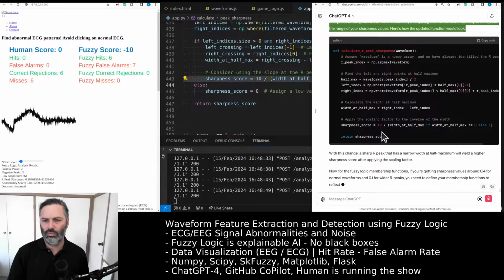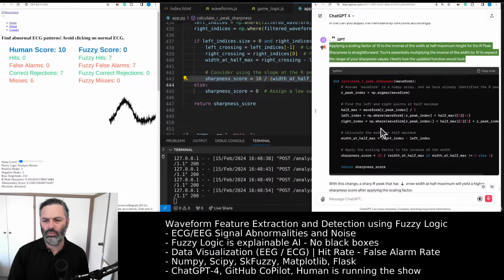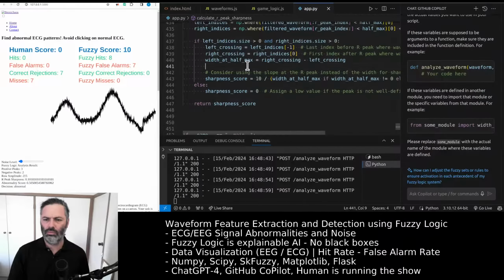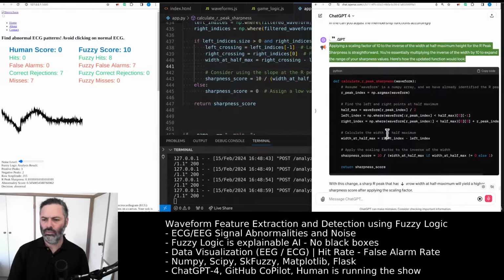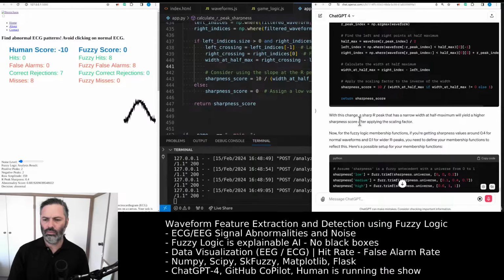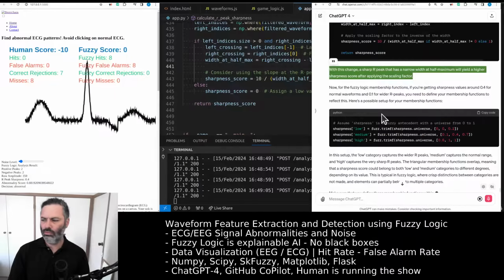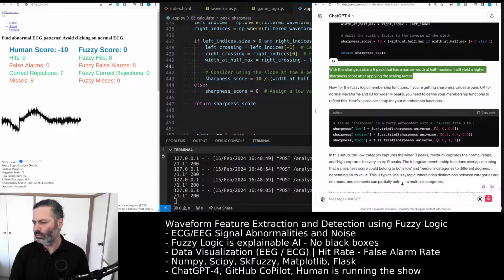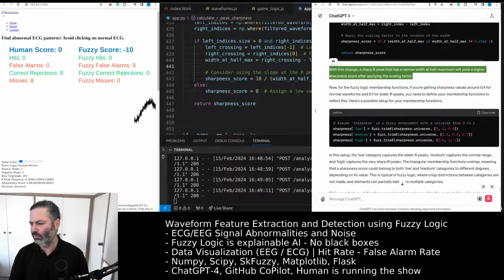Here's how the updated function would look. With this change, a sharp R peak that has a narrow width at half maximum will yield a higher sharpness score after applying the scaling factor.